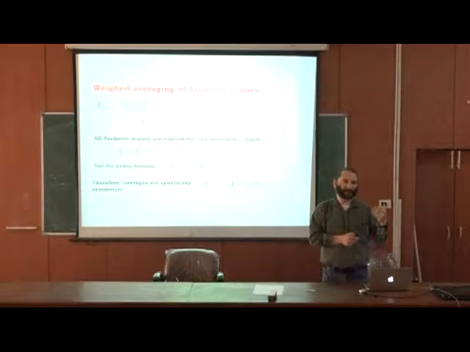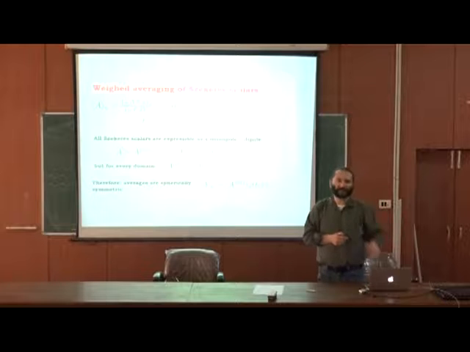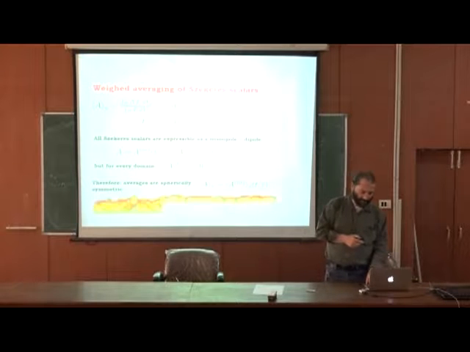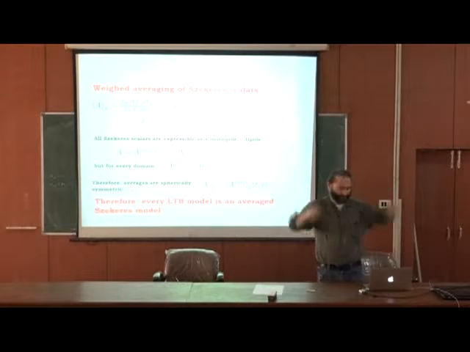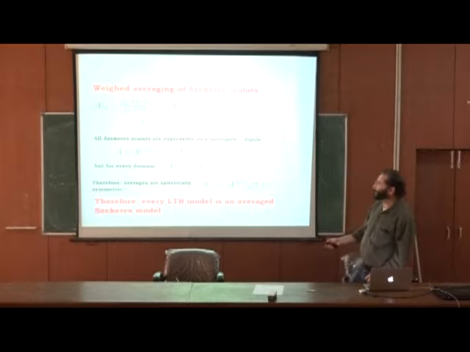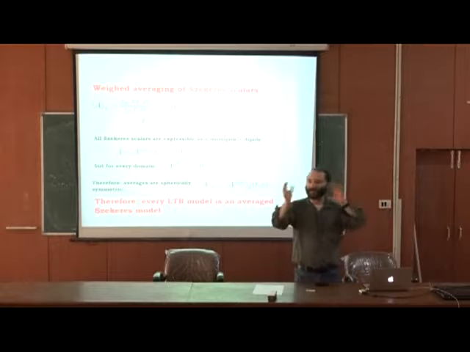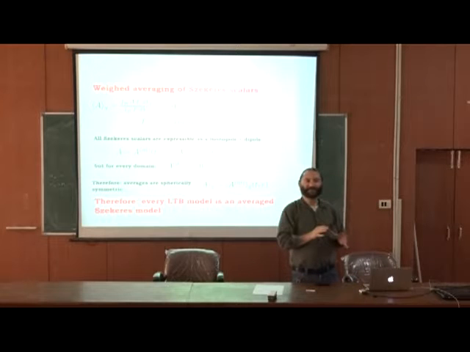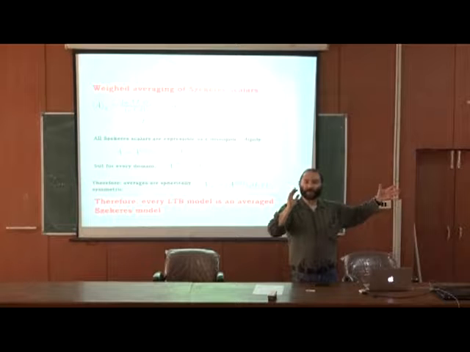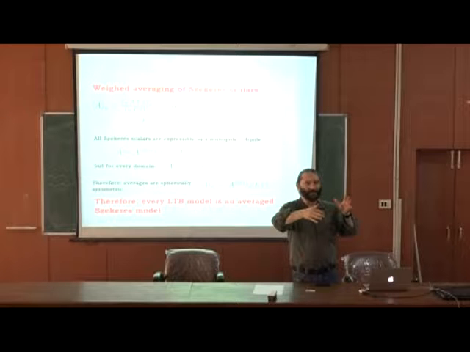So they are identical to the LTV Q scalars. So we can say that every LTV model is an average Szekeres model. As you take Szekeres models and you average, you obtain the LTV model. When you average, you remove local information, so the non-sphericity of Szekeres models.